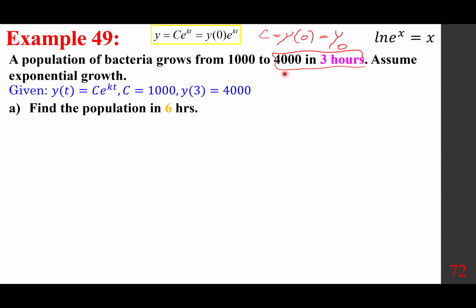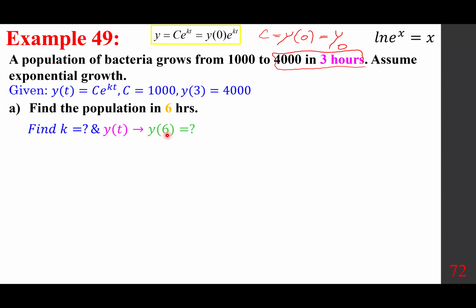We want to find the population in 6 hours. In order to do so, I highly recommend you always, and there are different methods, the best course of action is to find the formula first. By formula, I mean, we know C, we don't know K, so let's find K. So the process is to find K. Then we find y of t in general, specifically for number 6.